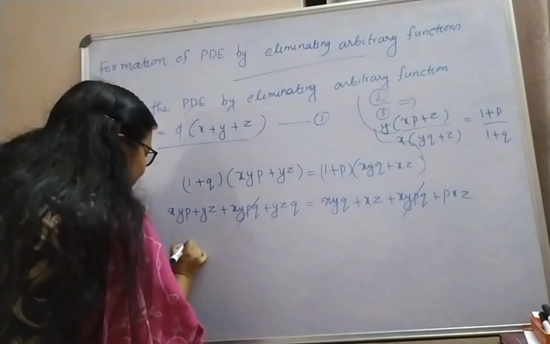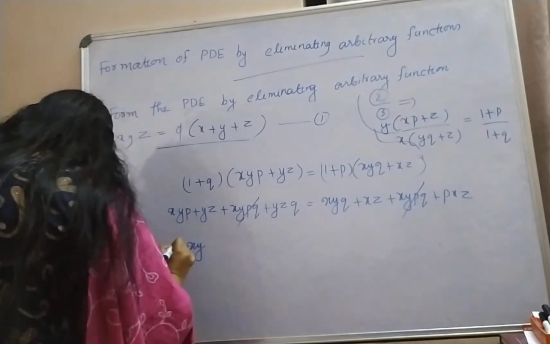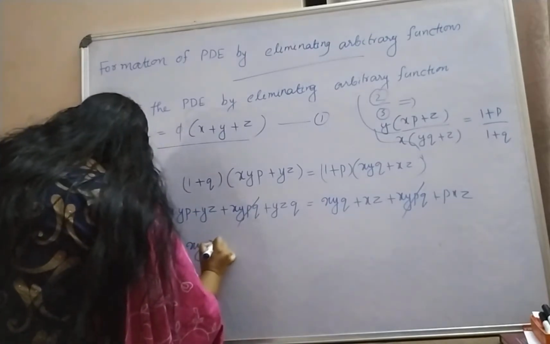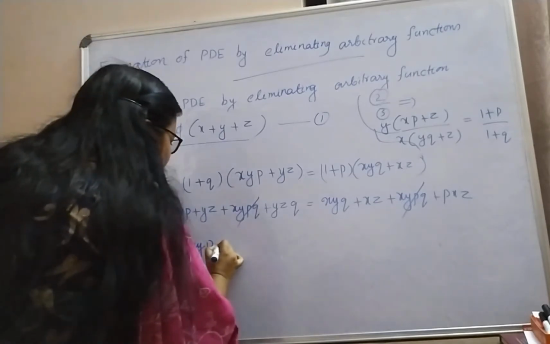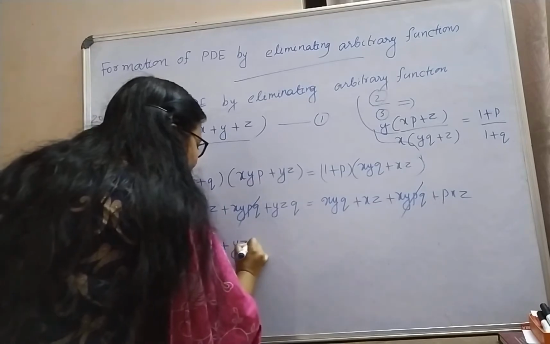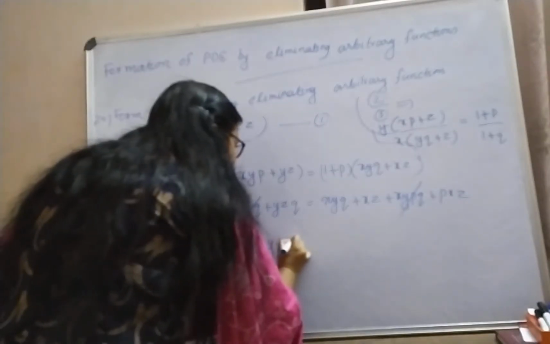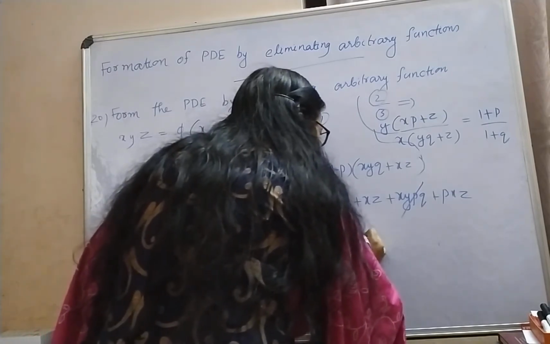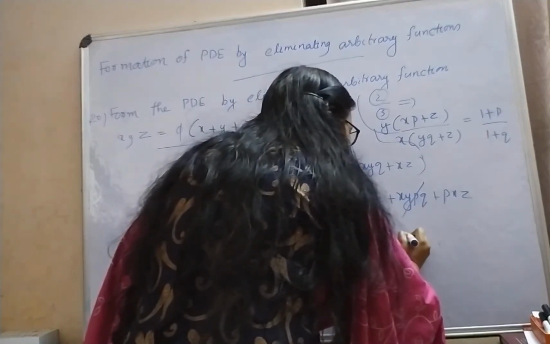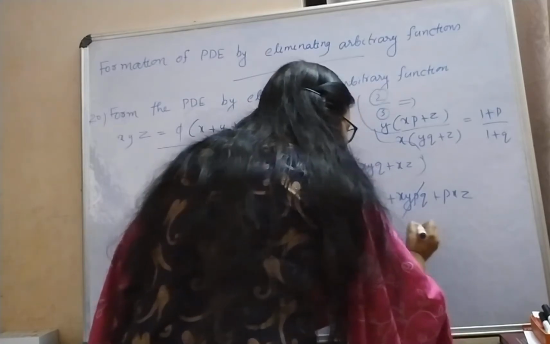Then our answer will be xyp plus yz plus yzq equal to xyq plus xz plus pxz.